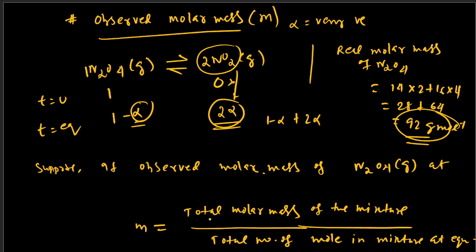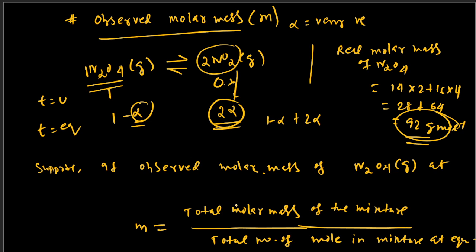At T equal to 0, NO2 has not formed, so the real mass is only the molar mass of N2O4. At equilibrium some NO2 has formed, so from N2O4 1 minus alpha remains, and from NO2 2 alpha has formed.